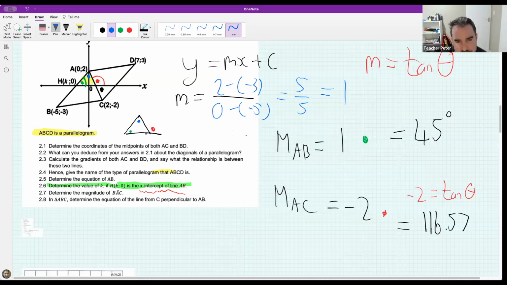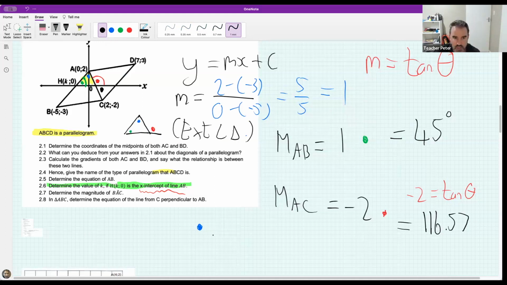Who can remember from grade 8 what theorem deals with these three? We're trying to find the blue one now, not the yellow one. What theorem is this called? Where the one outside is equal to the sum of the two interior opposites. Yes, it's the exterior angle of a triangle.